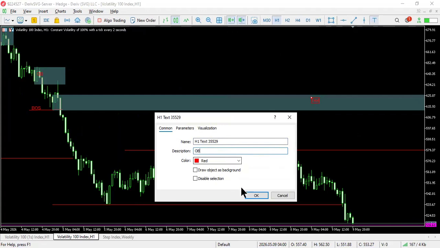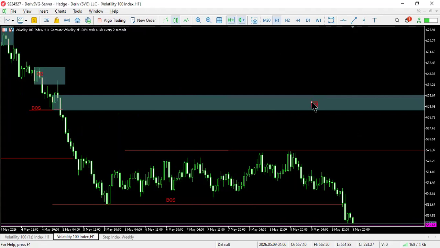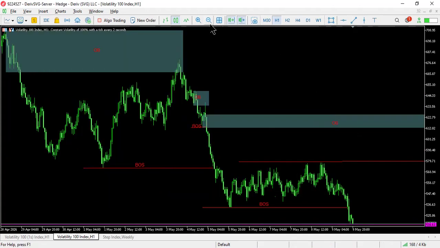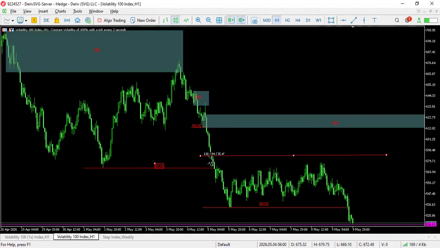So it is that order block right there, and all this order block that price is creating down here is just liquidity as long as this order block is not mitigated. So we have liquidity that is sitting here, equal high liquidity that price has to clear.